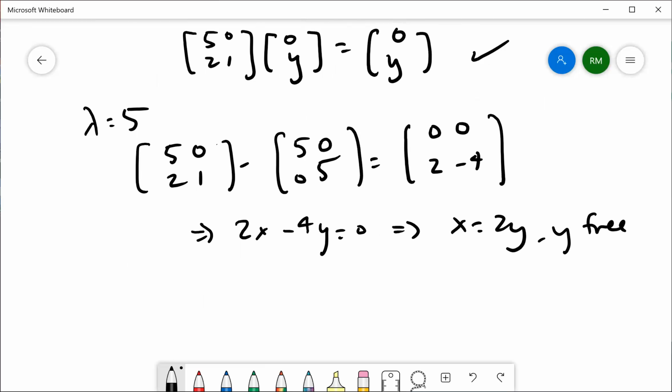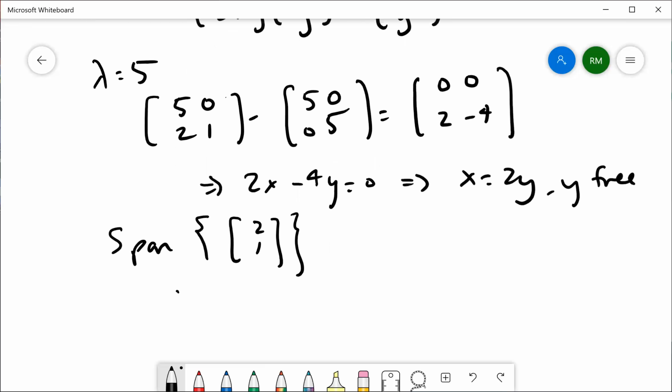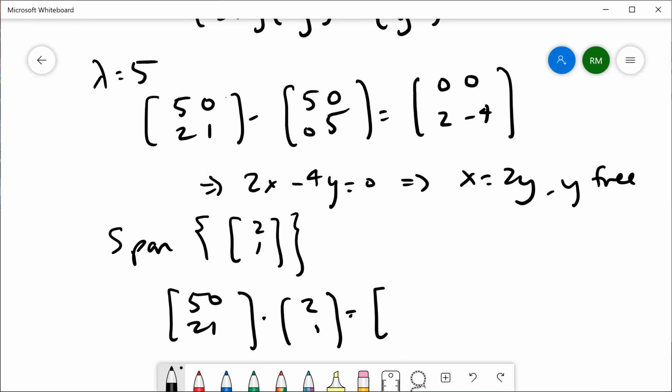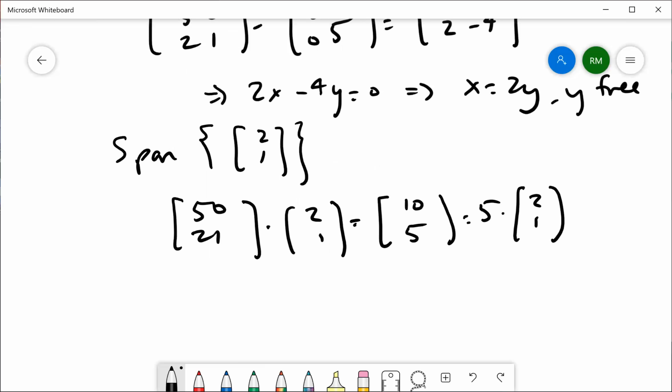So this should tell me that the eigenspace is equal to the span of 2, 1. So let's take my matrix times 2, 1, and I get 10 and 5, which is 5 times the original. So that tells me that the span is correct.